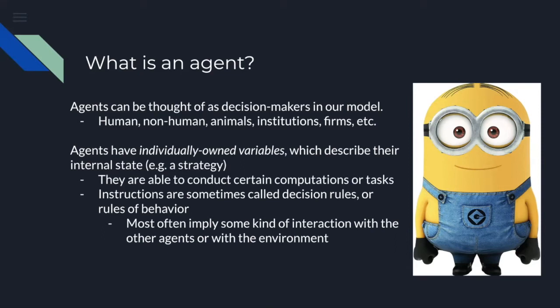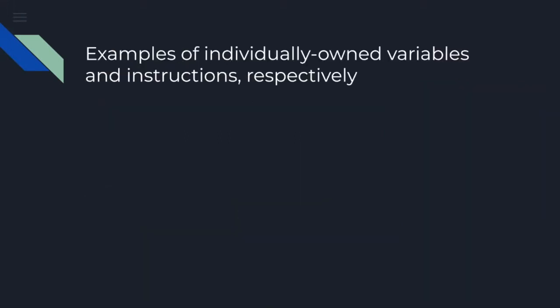So theoretically, we could have a program where two agents have some interaction, and a byproduct of this interaction changes the environment, and that environment could then have an effect on some other agent somewhere else. So these instructions, decision rules or rules of behavior, most often imply some kind of interaction, which is kind of the main theme.